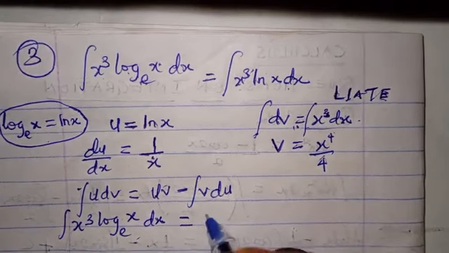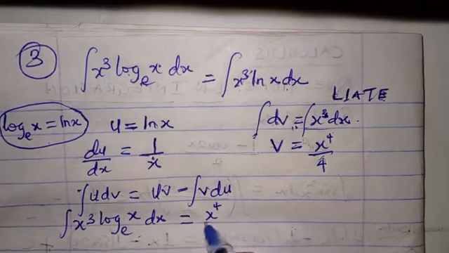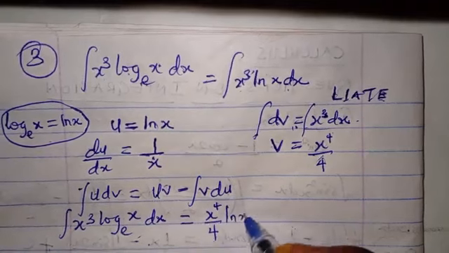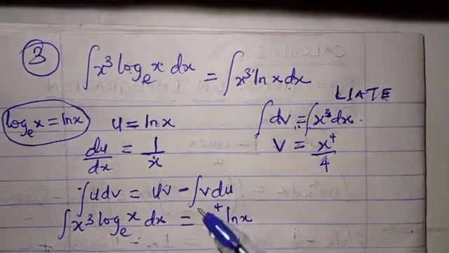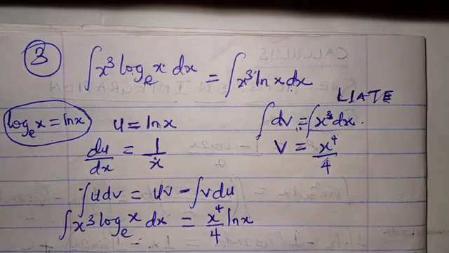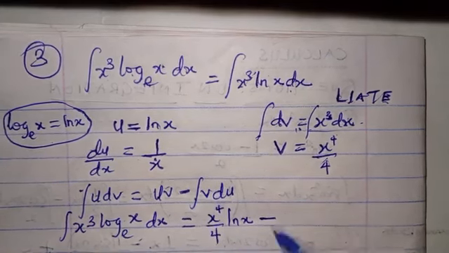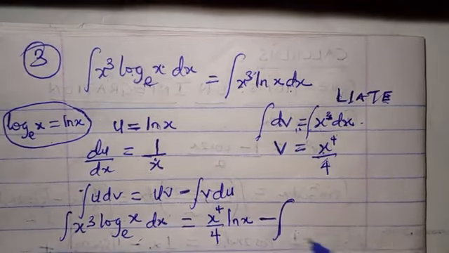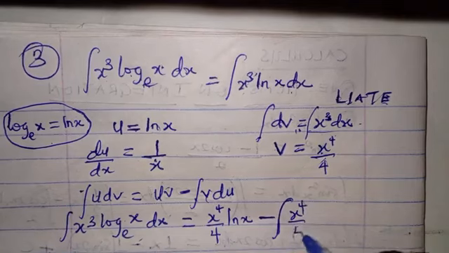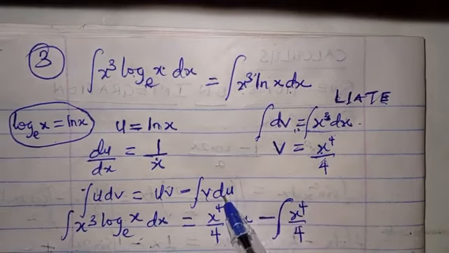So we have x raised to the power 4 all over 4 ln x, right? That's the product of u and v minus the integral of v, the same x to the fourth all over 4 du.